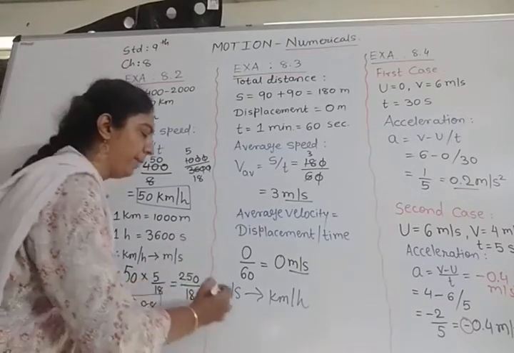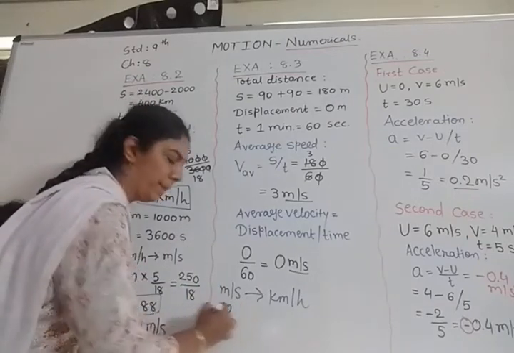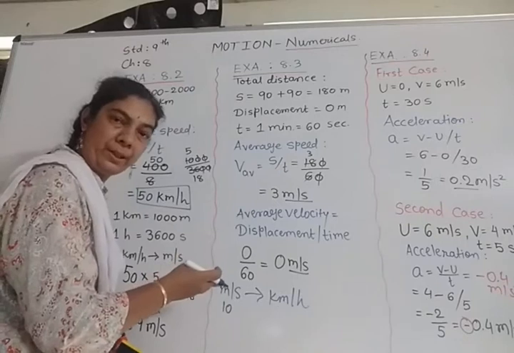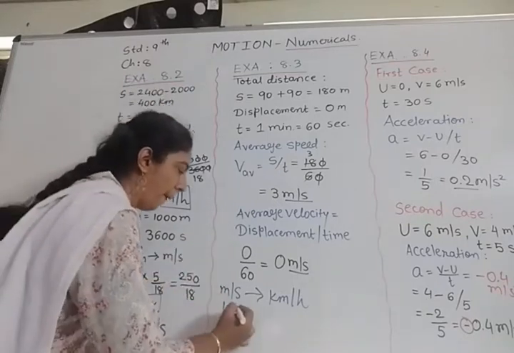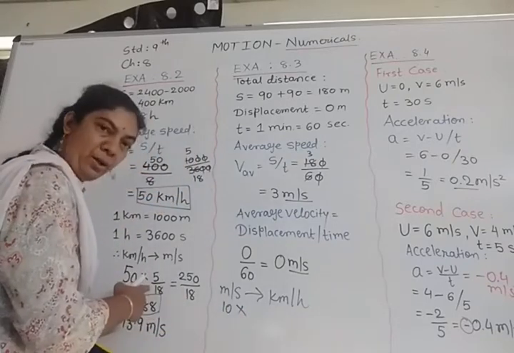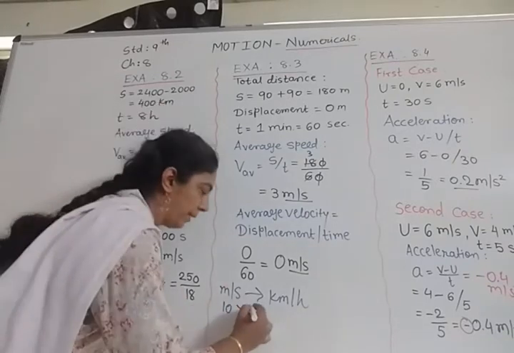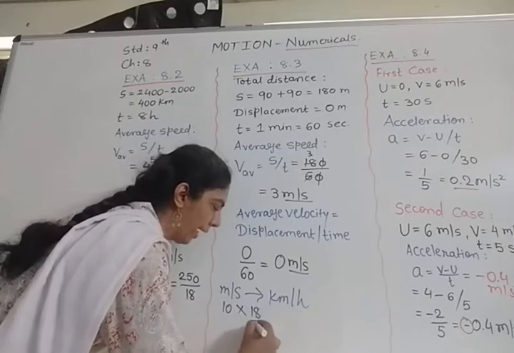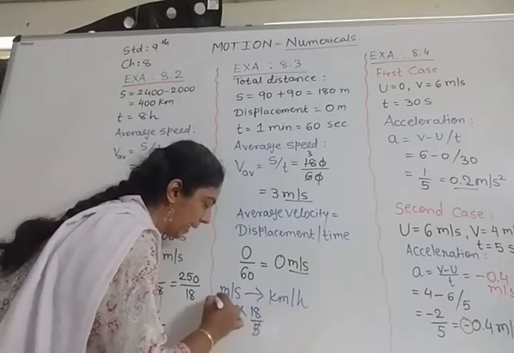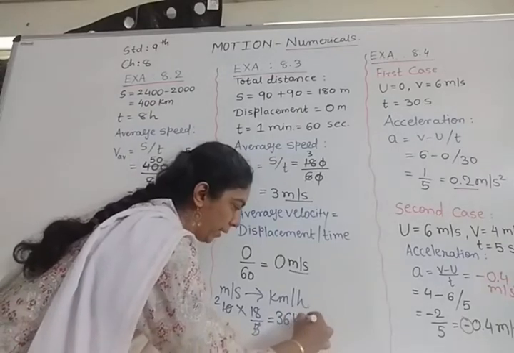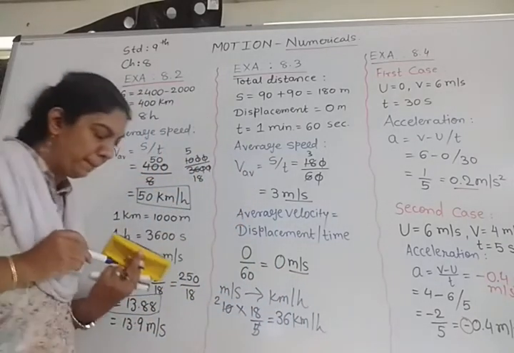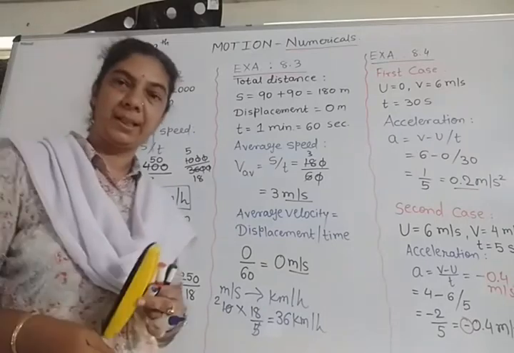Say I have 10 meter per second and I want to convert that into kilometer per hour. So 10 multiplied by the opposite, that is 18 by 5. 5 2s are 10, 18 2s are 36 kilometer per hour. Please revise this carefully.